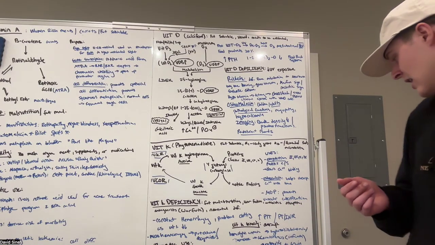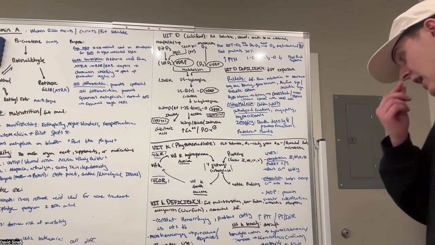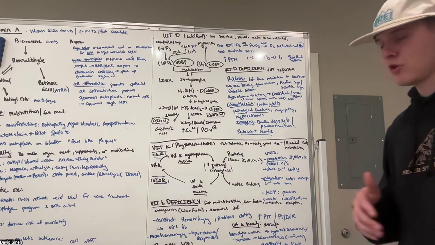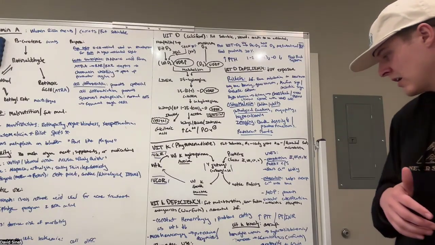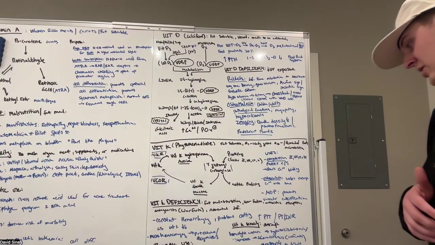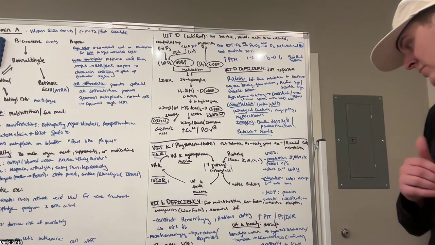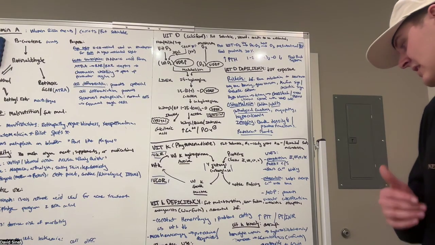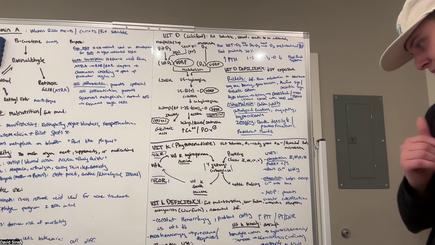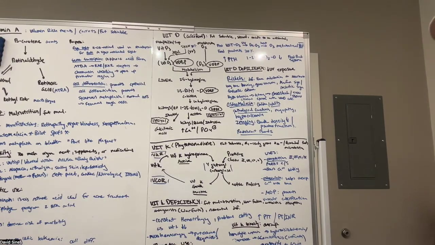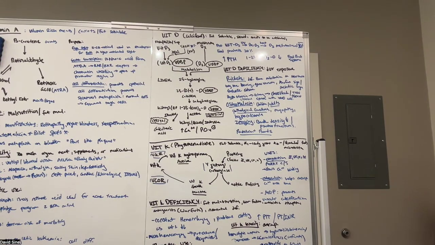You're going to see hyperbilirubinemia, which is like getting rid of bilirubin, and then that can cause neurotoxicity in the brain with newborns. So it's really important to not have vitamin K over-supplementation in babies. And that neurotoxicity can be formed from jaundice.